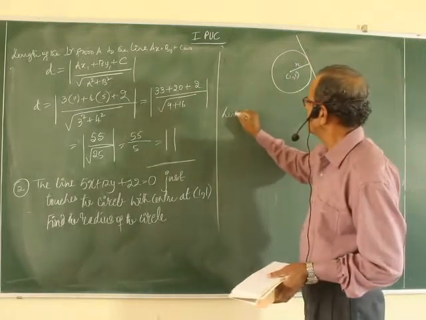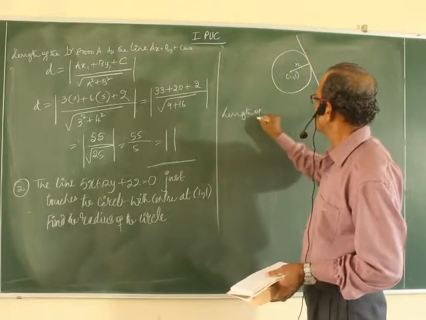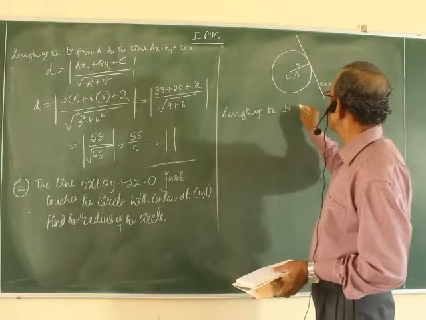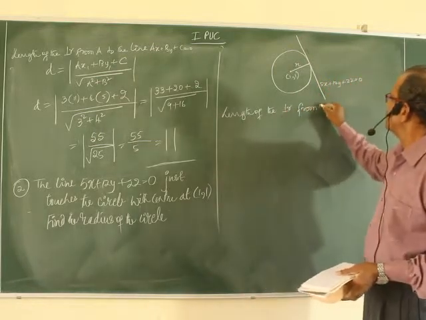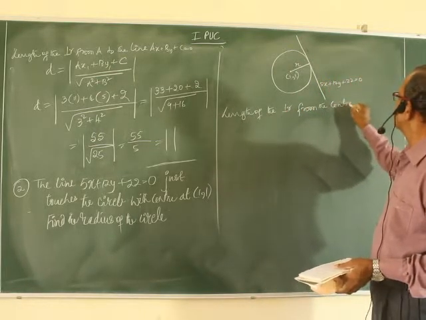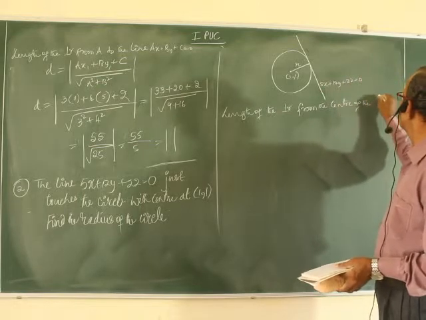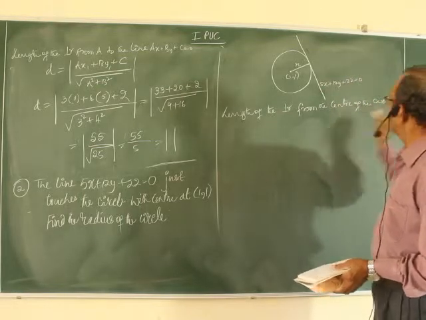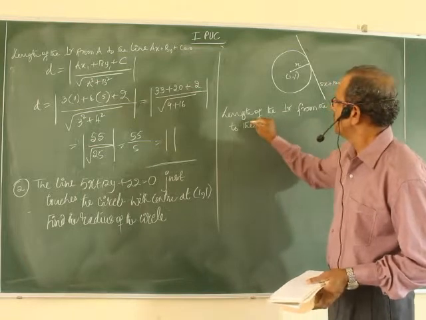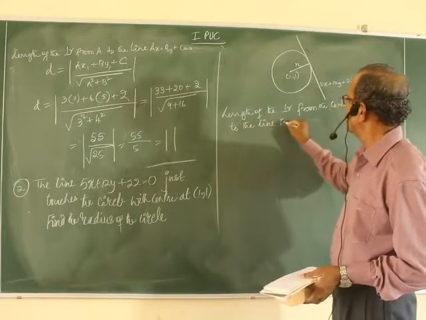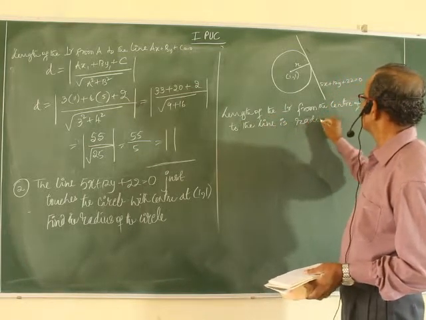So, length of the perpendicular from the center of the circle to the line is the radius.